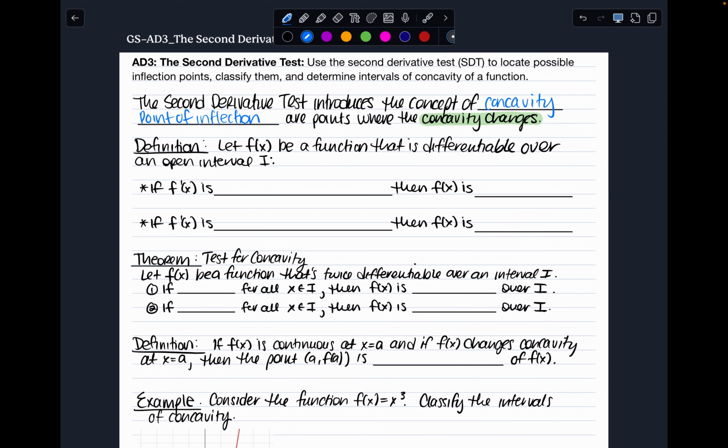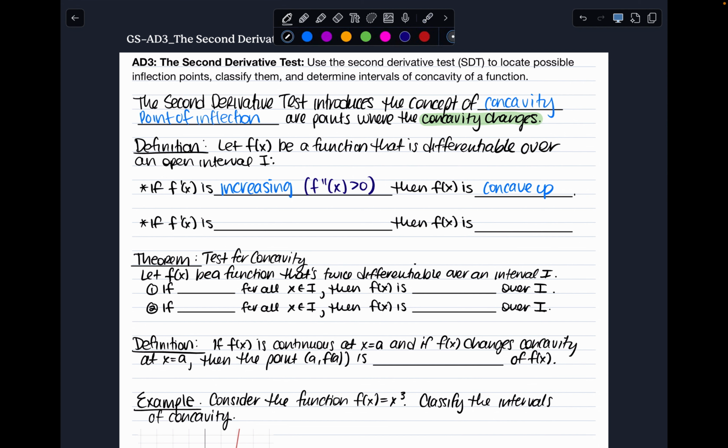So if the first derivative is increasing, so if f prime is increasing, then that means f double prime must be greater than 0. Then we're going to say the function is concave up. And I'll show you visually exactly what this is in a moment. For now though, just remember, for concavity, we are looking at the increasing, decreasing behavior of f prime.